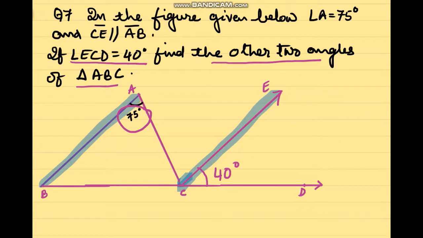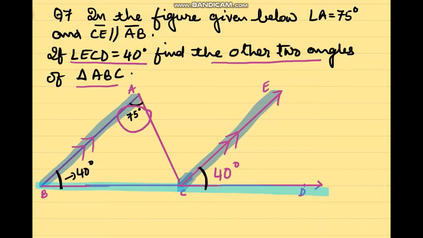Children, if you properly observe, you'll come to know that if this line, that is CE, is parallel to this AB, then if you take this particular BCD as your transversal, you will see that angle C and angle B, both of them are forming corresponding angles. This angle is corresponding to this angle. So angle B will be equal to 40 degree.